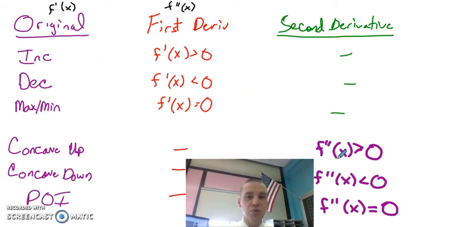And therefore, if we have an increasing function on the first derivative, we now know concavity is up because we've shifted over.